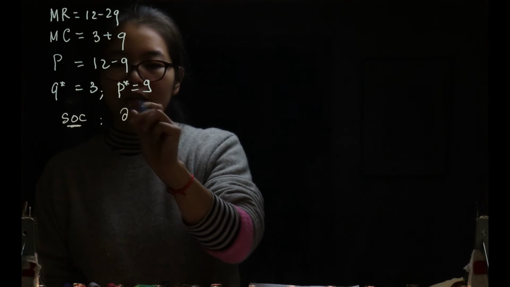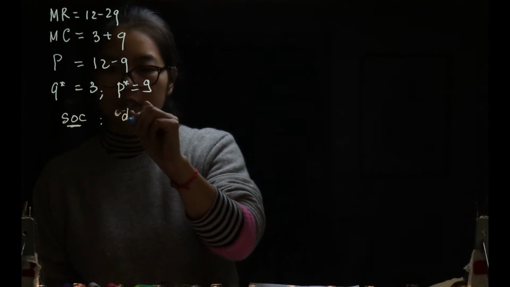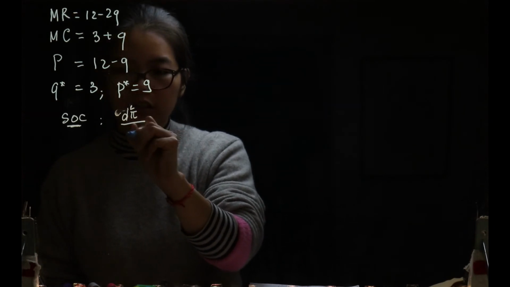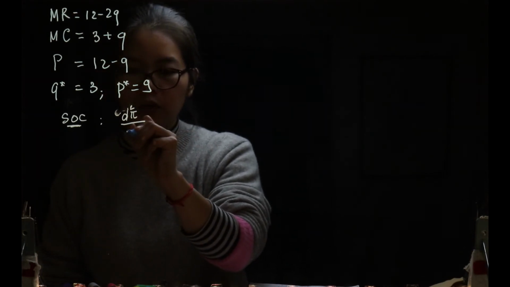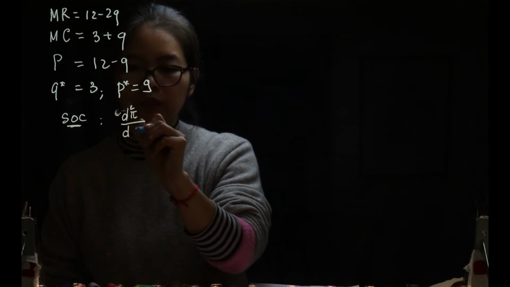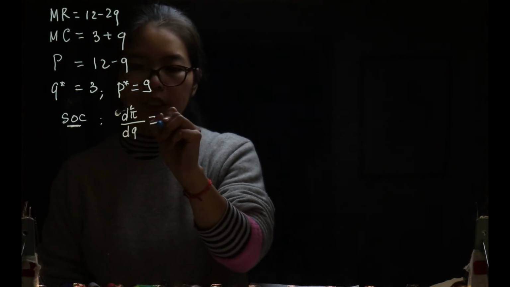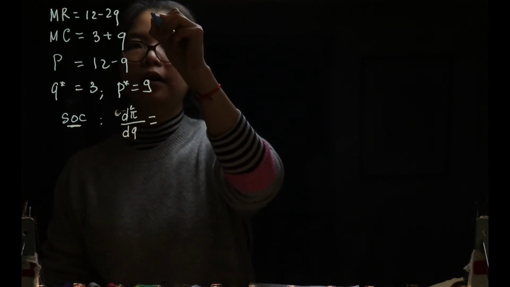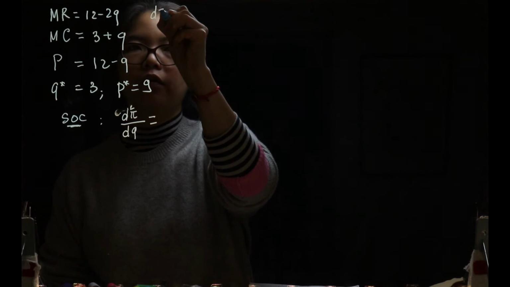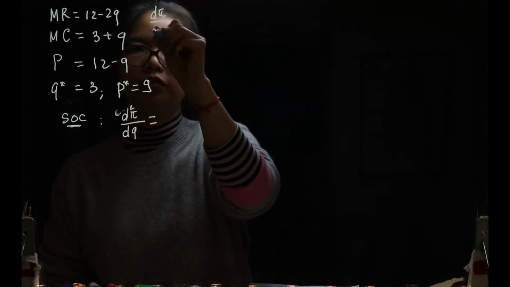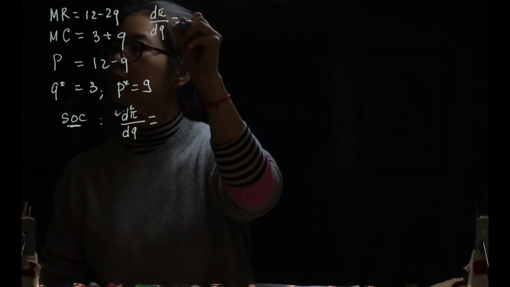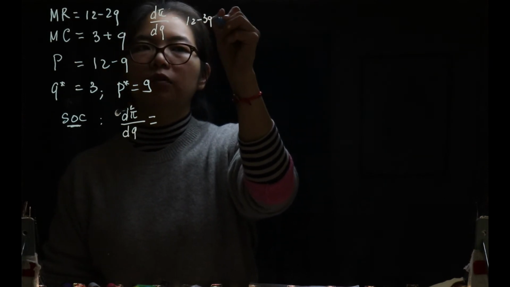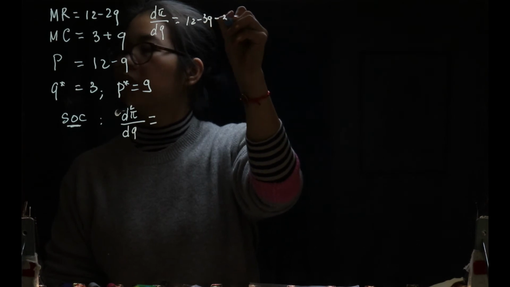The second order condition says that the second order derivative of profit with respect to Q must be negative. Here the first derivative is 12 minus 3Q minus 3.